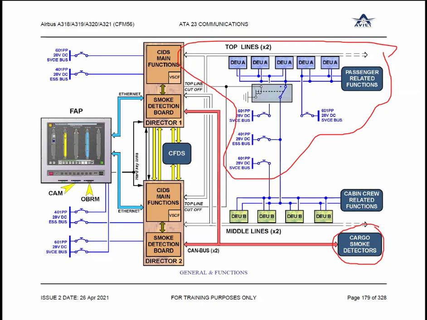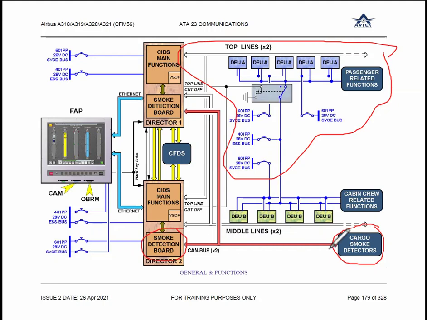But in enhanced aircraft, that computer is finished. No more. In enhanced aircraft, that job is given to the SITS director. So in the SITS director unit itself, there is one electronic card for the smoke detection function.